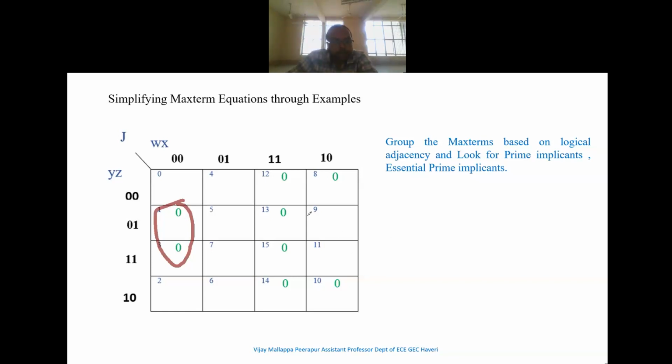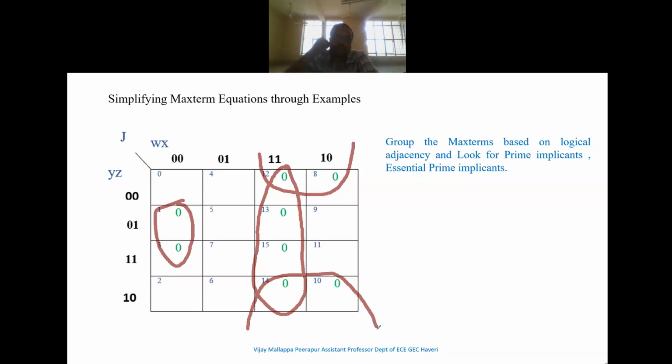Similarly, all these are logically adjacent, so this is one of the prime implicants. Again we have this one and this one, so we have the three prime implicants here, correct everyone?